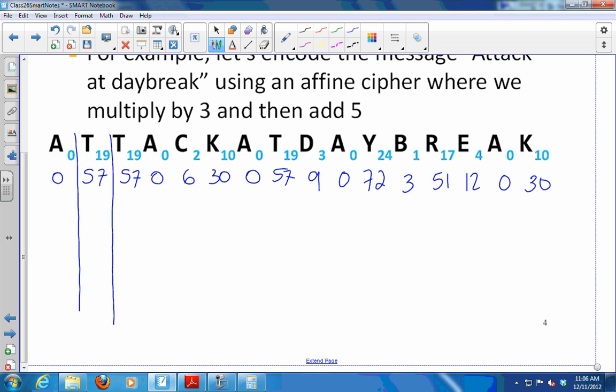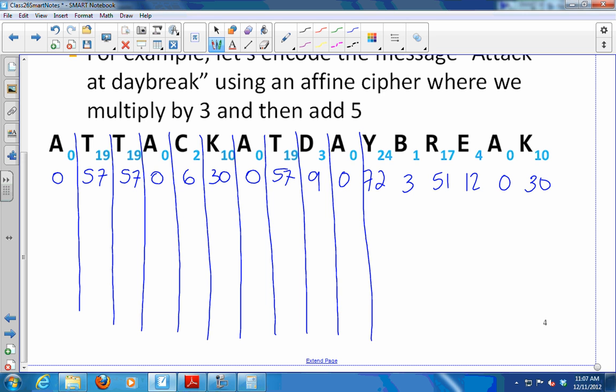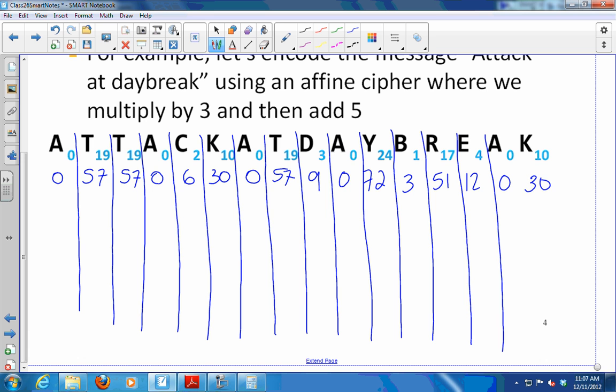And it does help to keep yourself organized if you kind of make a little grid. So I think I'll do that. Or if you use graph paper, so it's already gridded for you.